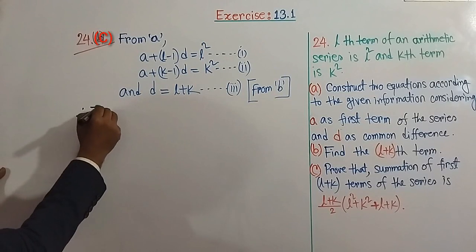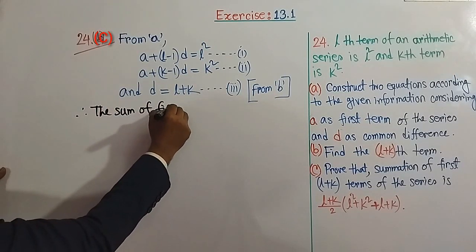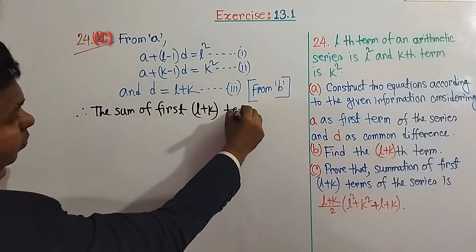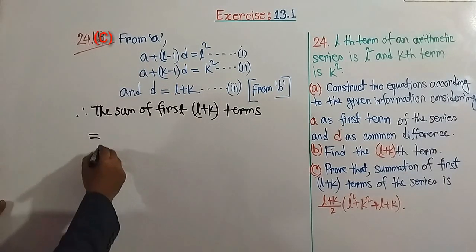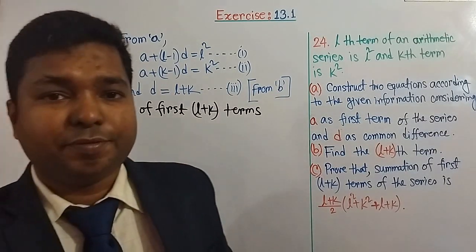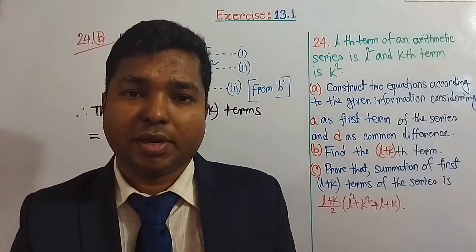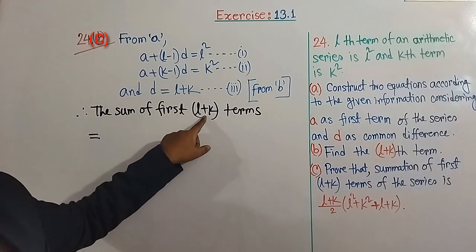So the sum of first L plus k terms of the given arithmetic series equals, here you all know the formula. The formula is n by 2 into 2a plus n minus 1 into d. Here the number of terms is L plus k.